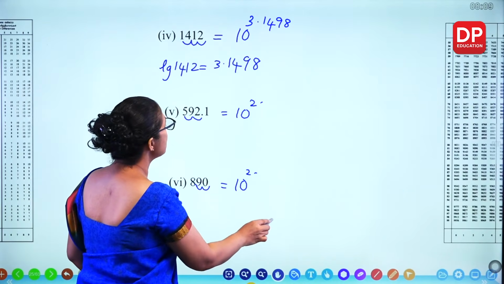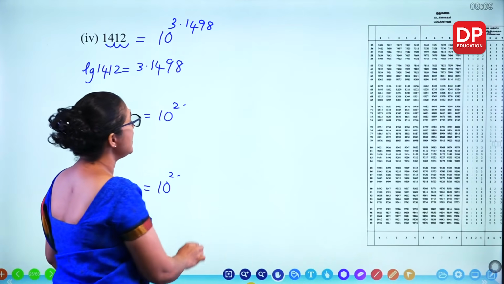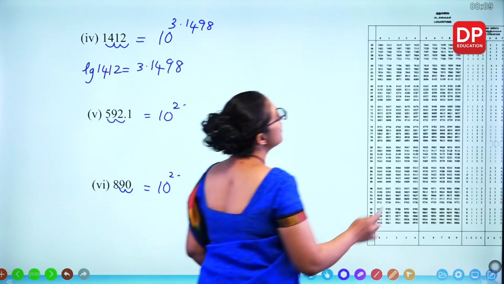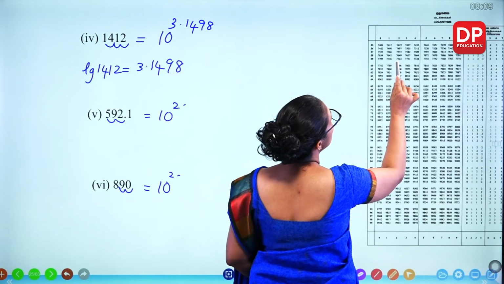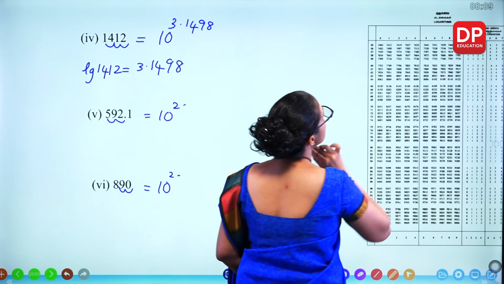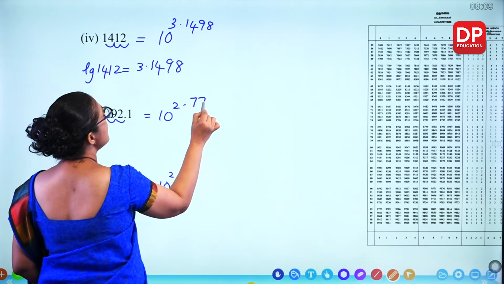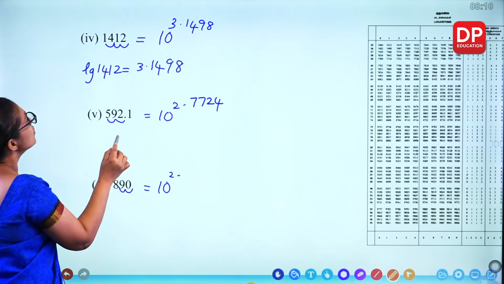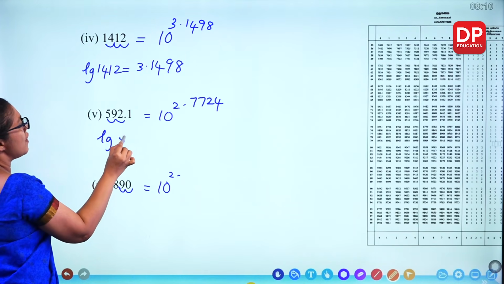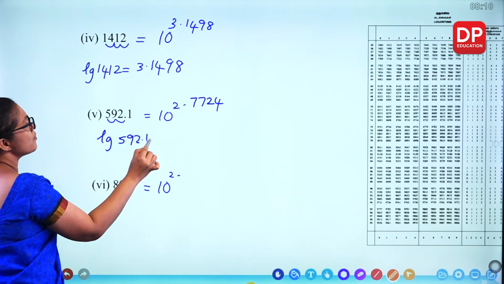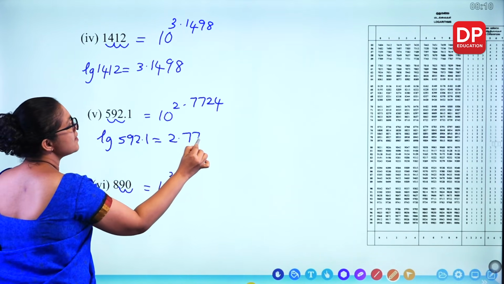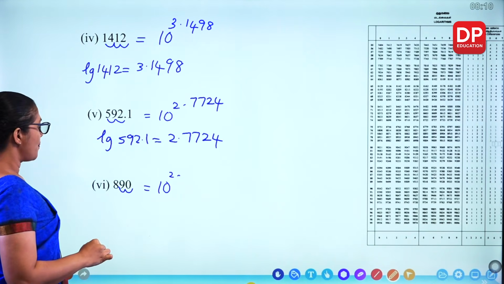Now here, this one 59 to 1. 59 to 1 from the second table is 1. So 77, 24. So you can write LG of 592.1 is 2.7724.